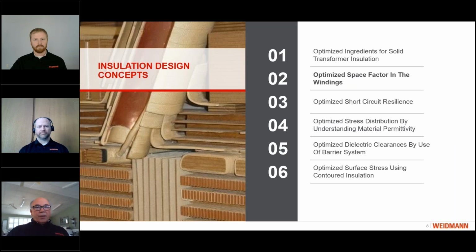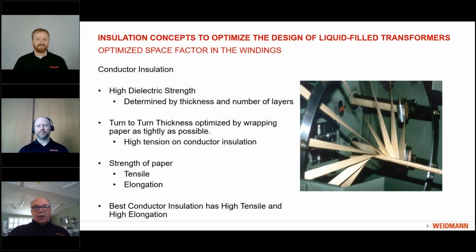Okay, next please, Brad. Okay, so the next concept is that we want to optimize the space factor in the winding. So the windings for large power transformers are going to be insulated with a kraft paper. When you're doing the design of the winding, you know what the turn-to-turn stresses are.